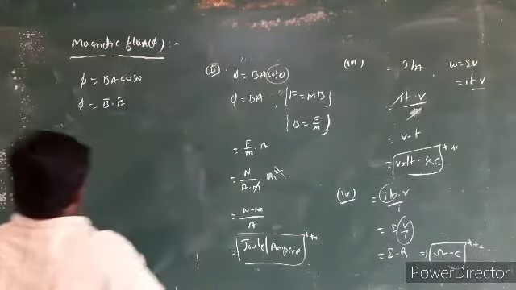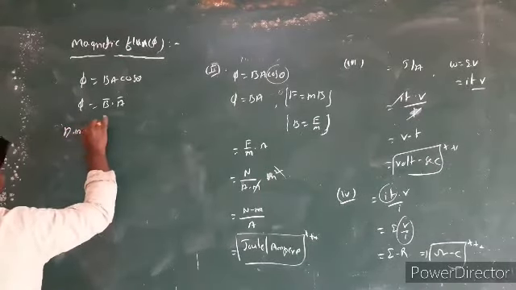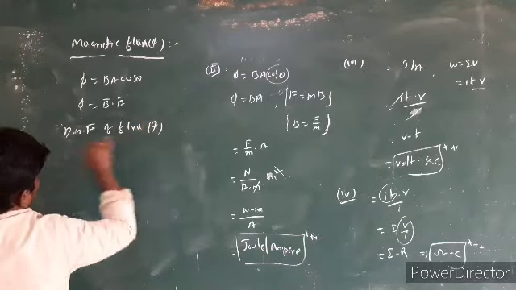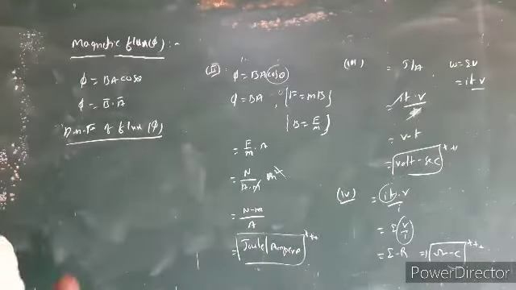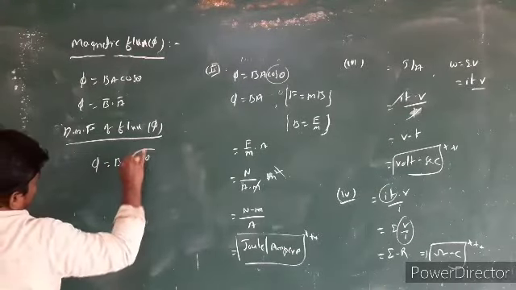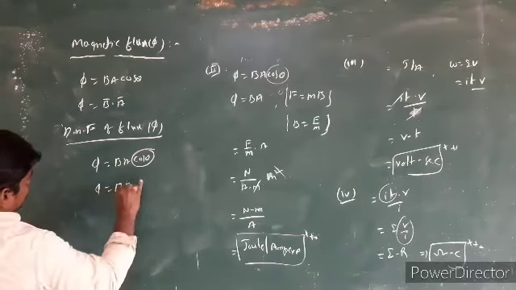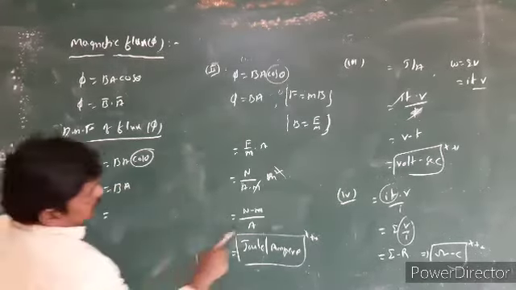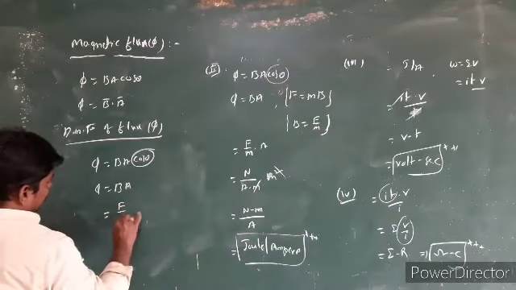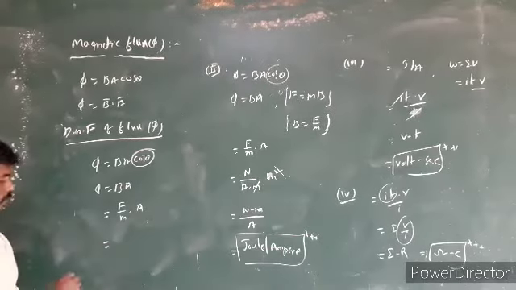Next, dimensional formula. Dimensional formula of magnetic flux. Okay. Now from phi is equal to BA cos theta, this cos theta is a dimensionless quantity. For phi is equal to BA, already written. In the place of B we can write F by m into A. Now F is force.